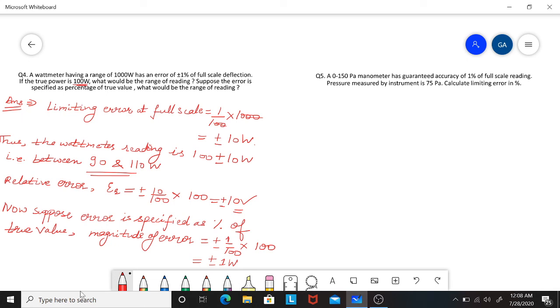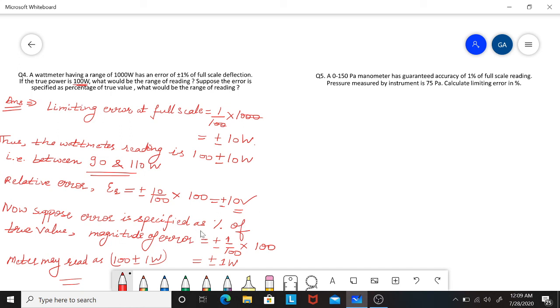So on the scale of 100 watt, the meter may read 100 ± 1 watt, which is 99 or 101 watt. Okay, in this way we can do the numerical problem on wattmeter.